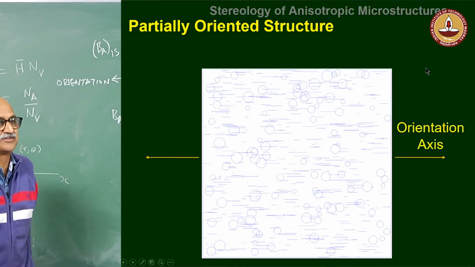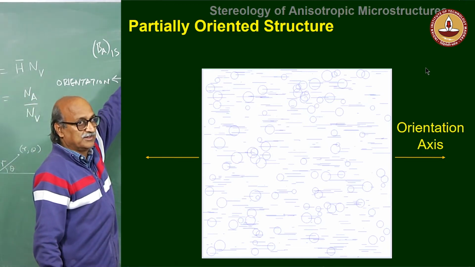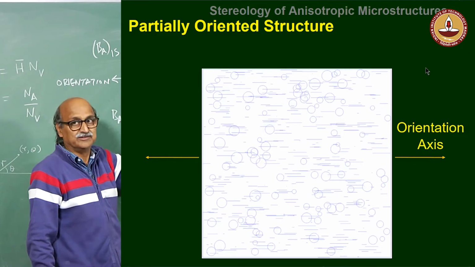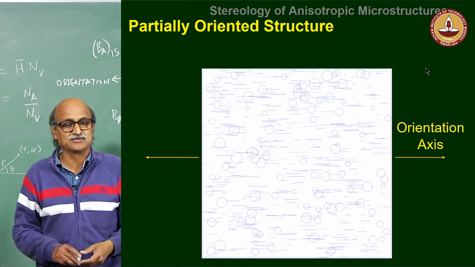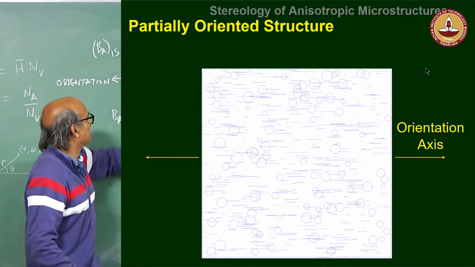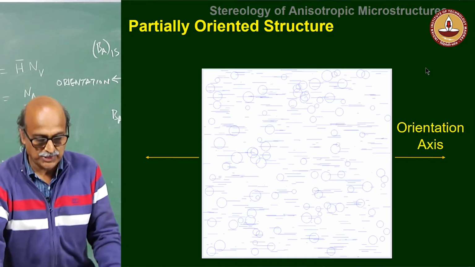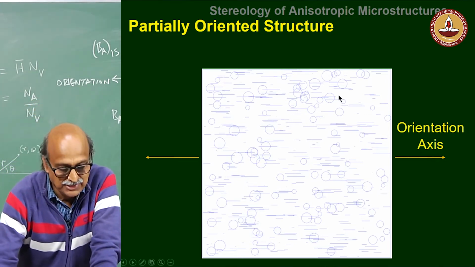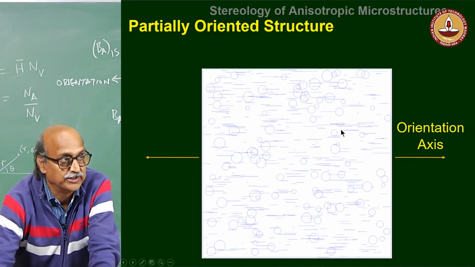Now, consider a structure which is actually a combination of these circles and these straight lines aligned in a given direction. This is a representation of such a kind of structure, where you have isotropic elements and you have elements which are aligned along the orientation axis.